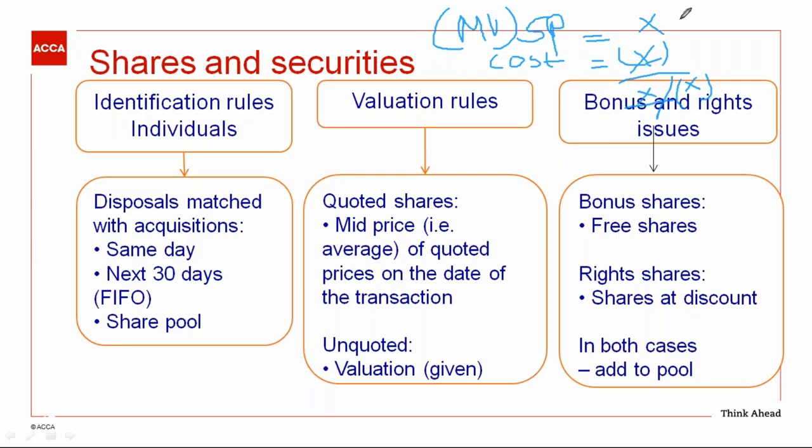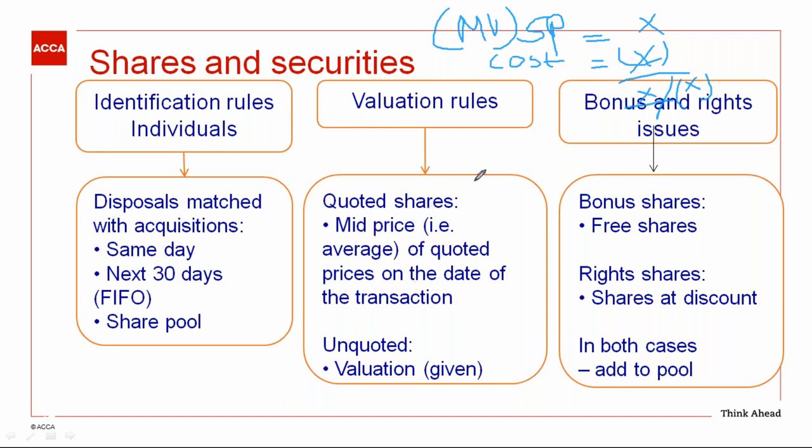But if it is a quoted share which is listed in the London Stock Exchange, then you may have to calculate the market value. How do you calculate it? You must take the lowest listed price and the highest listed price, add them together and divide by 2 to get the average price or the mid price.